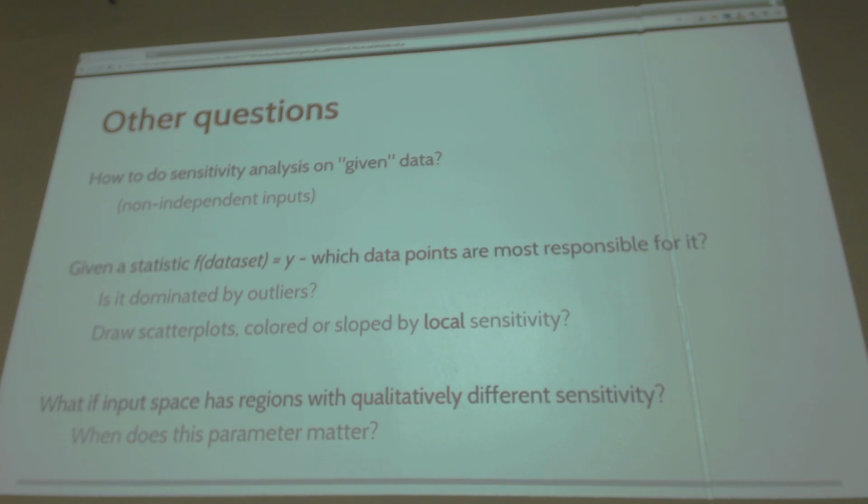Yeah, and then there's a few questions that I don't know the answers to, but would like to know. So one is, all of the methods we discussed, we're assuming that we can run a model at any arbitrary point, just to get data about that point. But there's a different setting where we already have a data set and we have to do something about that data set. The problem is that data sets we have typically have very much dependent inputs.